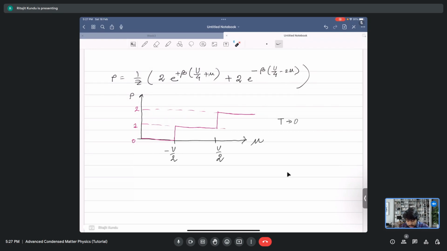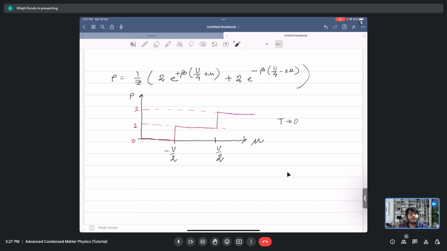So the occupation is still 0 up until minus U by 2. As soon as I hit U by 2, I have the amount of energy that I need to put a single particle. So after this I put a single particle, and that's why it goes up to 1.